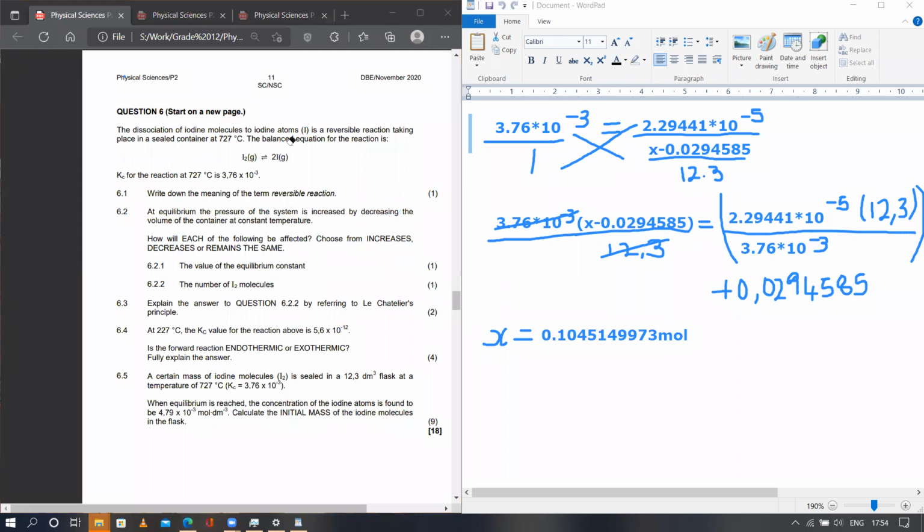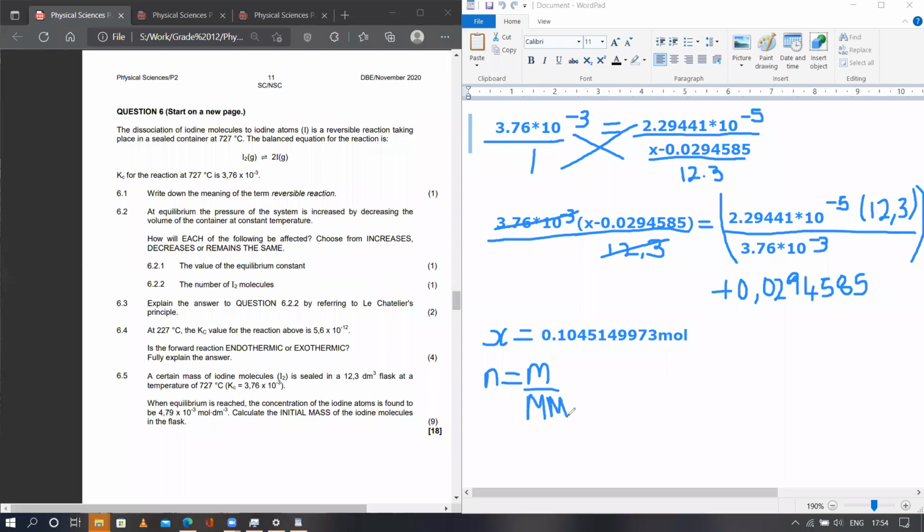So now the last step, you're gonna apply your formula where the number of moles is equal to the mass divided by the molar mass, which is mm.